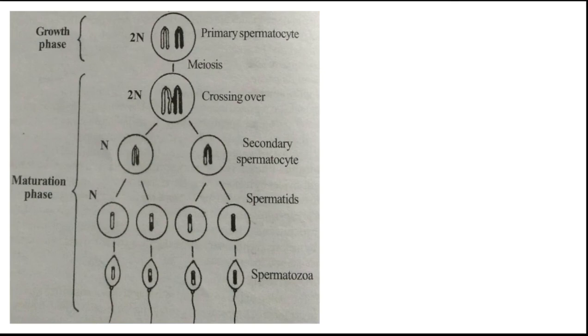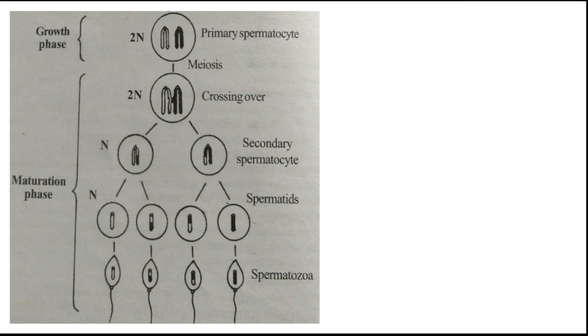In the second meiotic division, each secondary spermatocyte divides into two cells called spermatids.